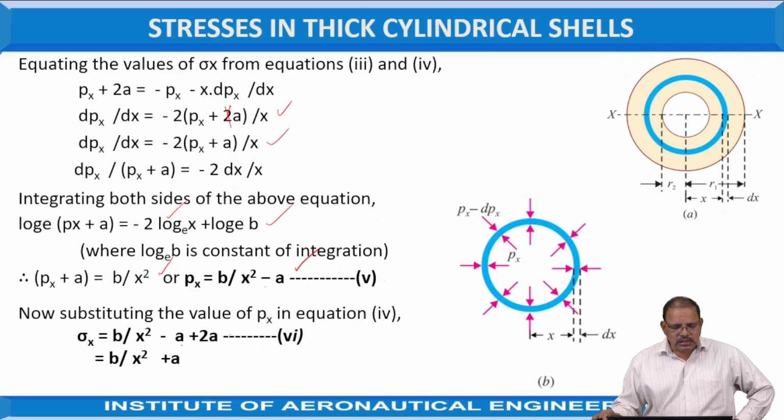These two equations represent how the radial stress as well as the circumferential stress change with respect to the radius x. These two are important, and they also represent how the stresses vary from the internal radius to the outer radius. Here a and b are known as integration constants that are evaluated based on the conditions of the cylinder, how the pressure is acting.